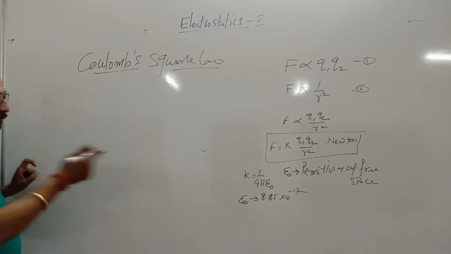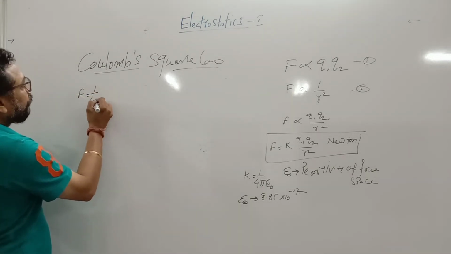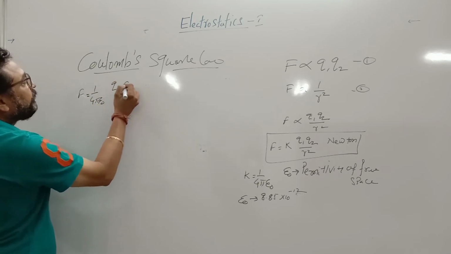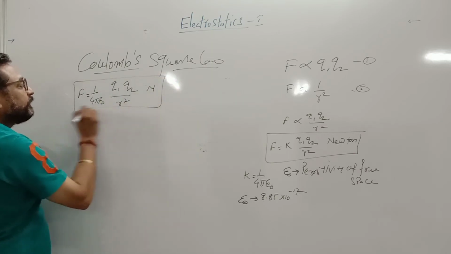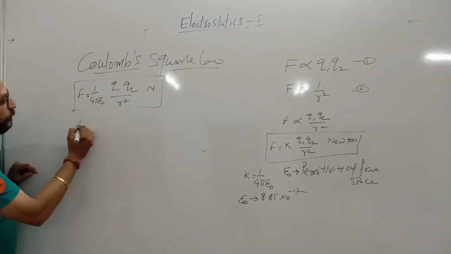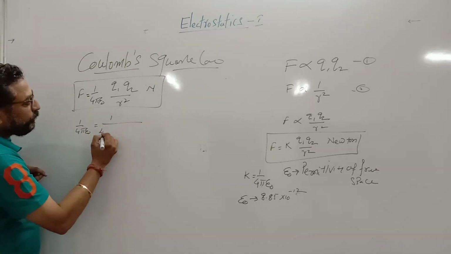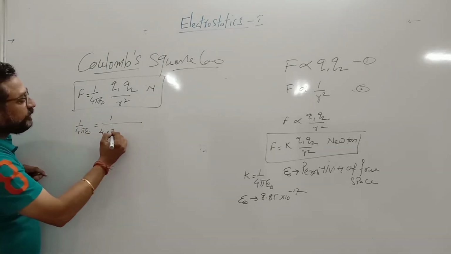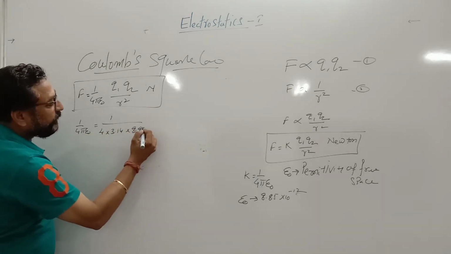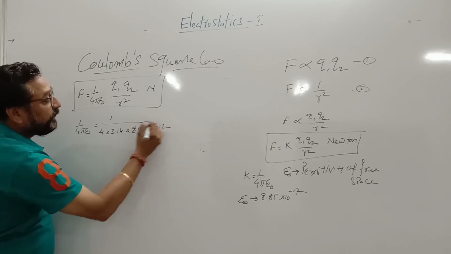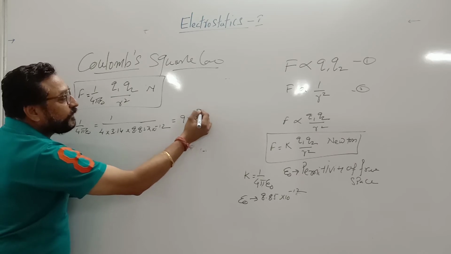Then put the value. The formula is F is equal to K, that is 1 upon 4 pi epsilon naught, Q1 Q2 upon R square, in Newton. We know that the value of 1 upon 4 pi epsilon naught is equal to 1 upon 4, the value of pi is 3.14 and epsilon naught is 8.85 into 10 to the power minus 12, and the numeric value taken out is 9 into 10 to the power 9.